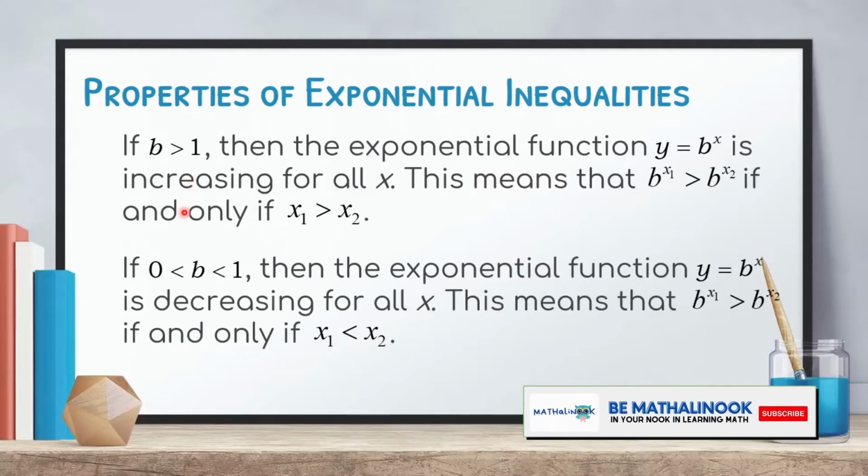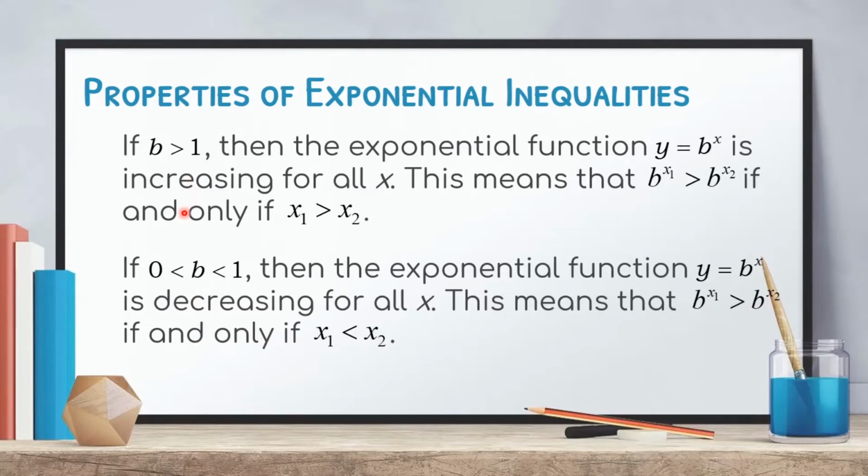Therefore, if we are dealing with exponential inequalities, we should always consider the value of b before applying the one-to-one property. If b is greater than 1 and b raised to x sub 1 is greater than b raised to x sub 2, then it follows that x sub 1 is also greater than x sub 2.